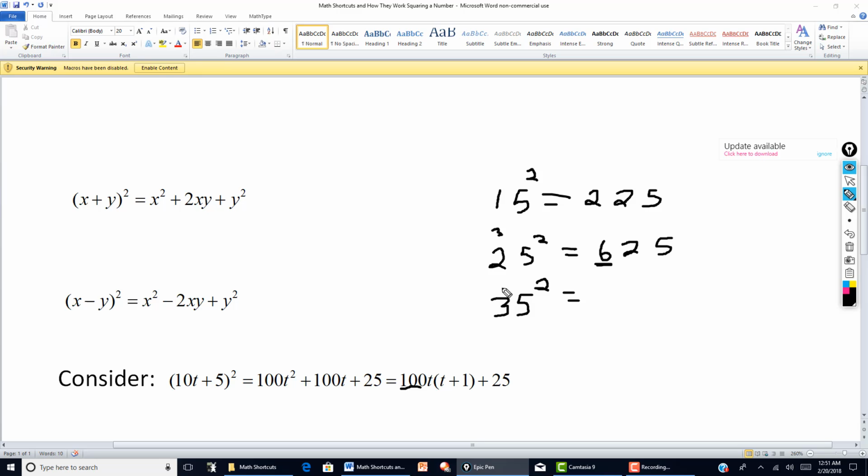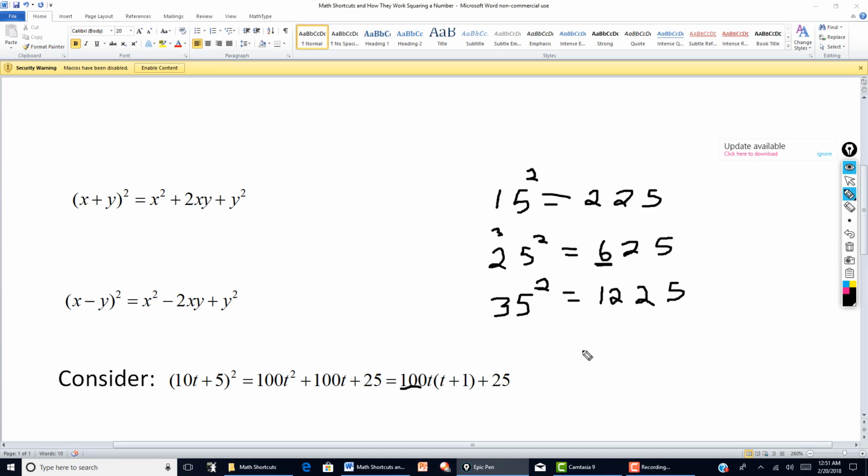In this case, 3 and 1 is 4. And you multiply. 4 times 3 is 12. And it ends in 25. So 35 squared is 1225.